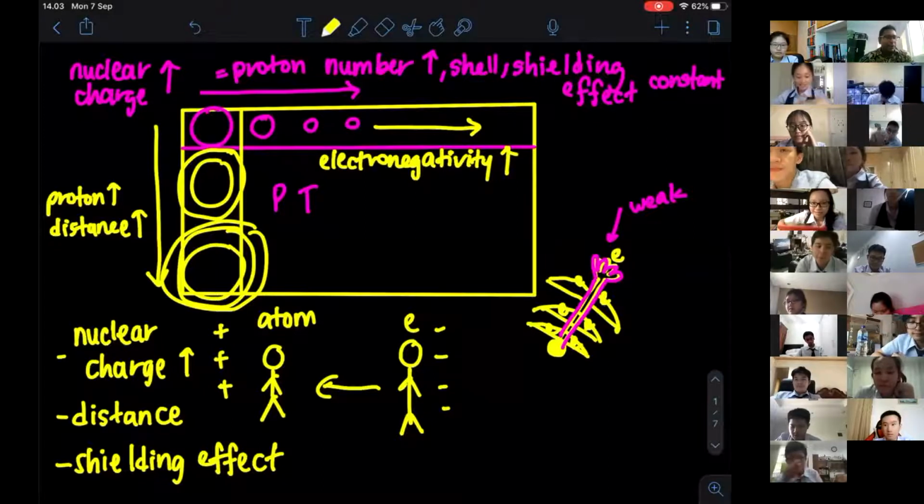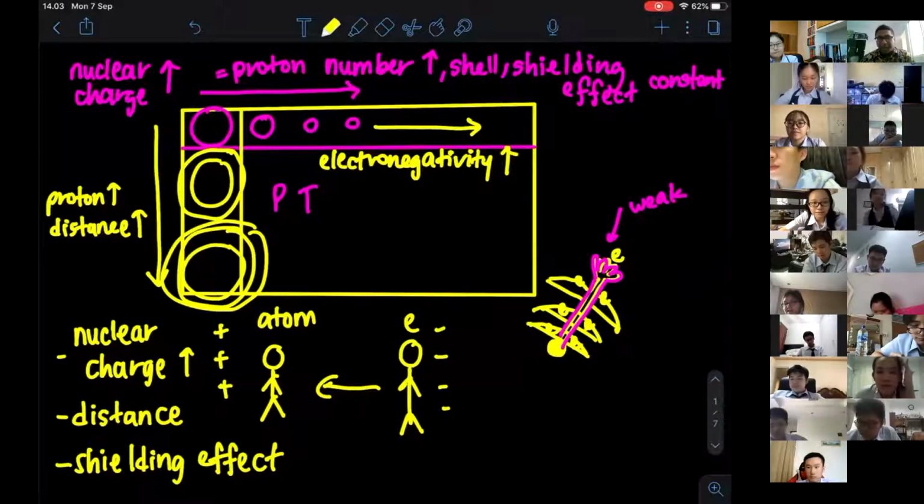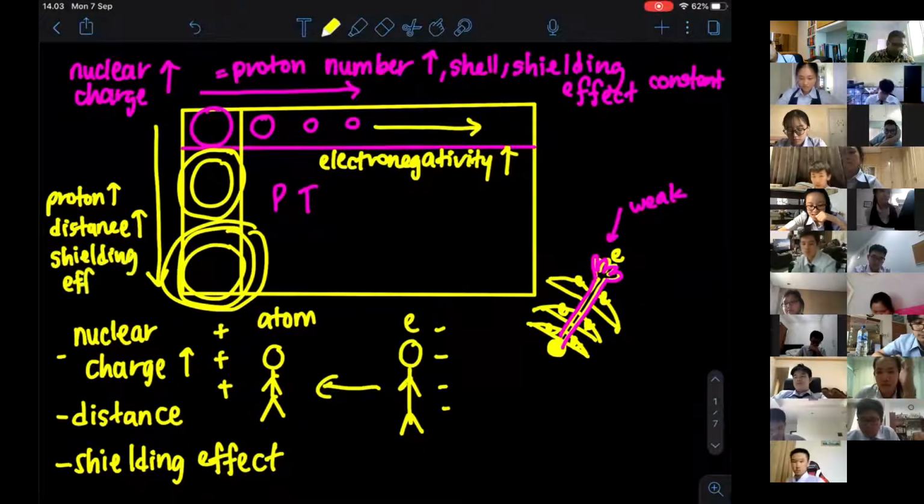I just wrote about protons. Proton number increases, the distance also increases. At the same time, because the number of shells is increasing, I can say that my shielding effect is also going to increase.